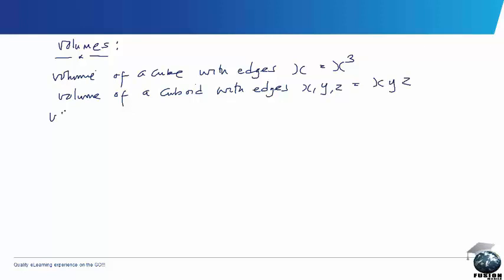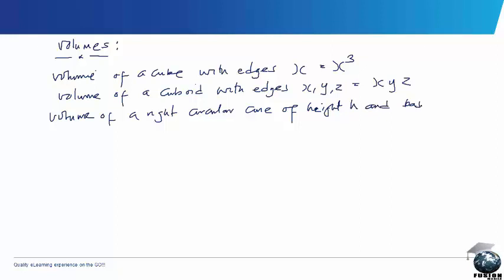And then volume of a right circular cone of height h and base radius r is equal to 1/3 pi r squared h.